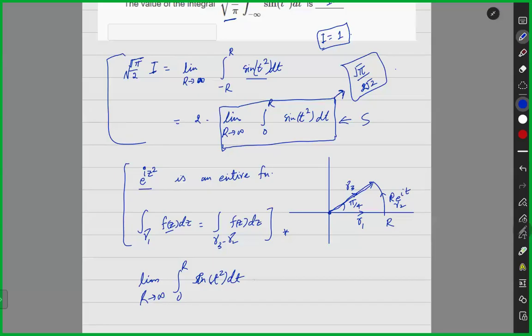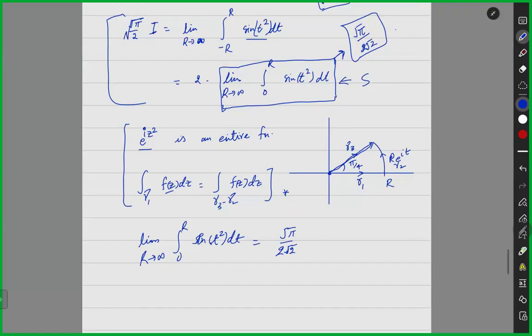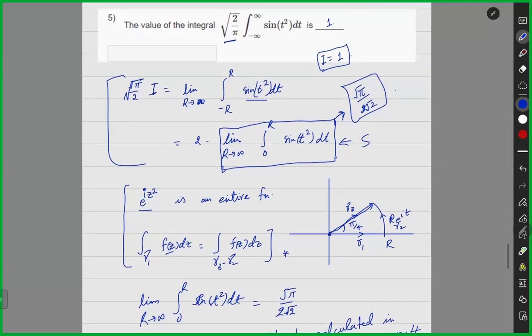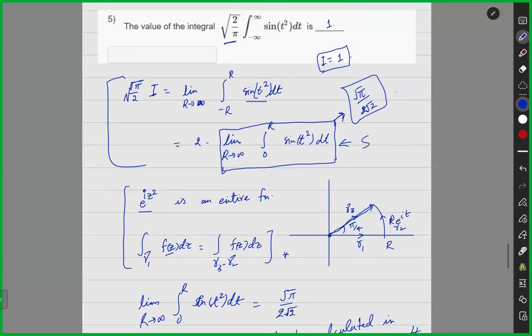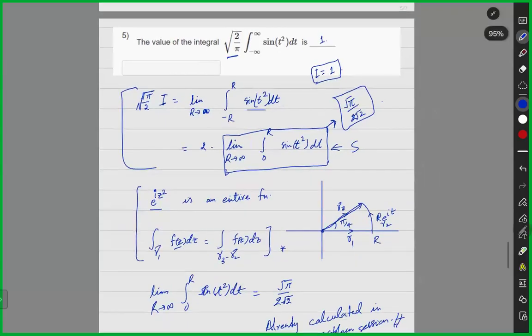This was root pi by 2 root 2, already calculated in the problem session. Okay, so we get this value 1.